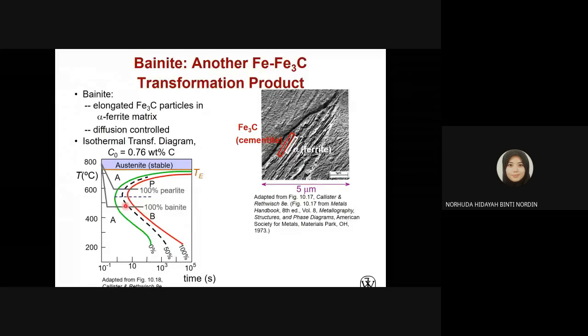But at this point, it's still 50% pearlite. Under this point, it is 50% bainite. When I say 50% bainite, what is the remaining 50%? What is the phase of the remaining 50%?